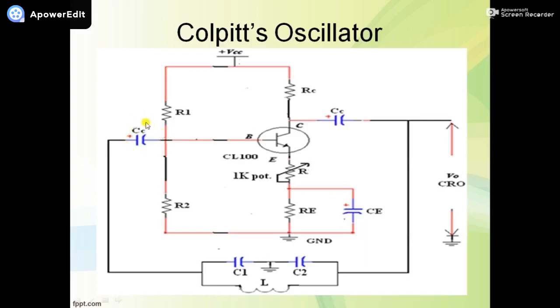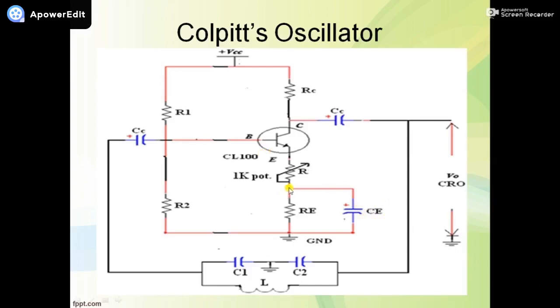Next, the coupling capacitors, input coupling capacitor and output coupling capacitor. These two capacitors are used to block unwanted DC signal, and allow only the AC input signal to the base of the NPN transistor. And one more capacitor is the emitter bypass capacitor.